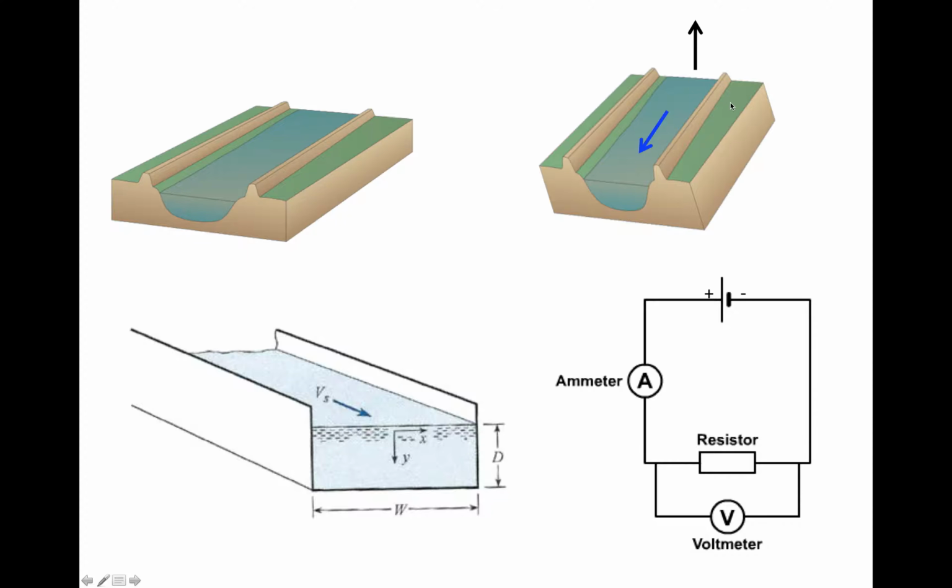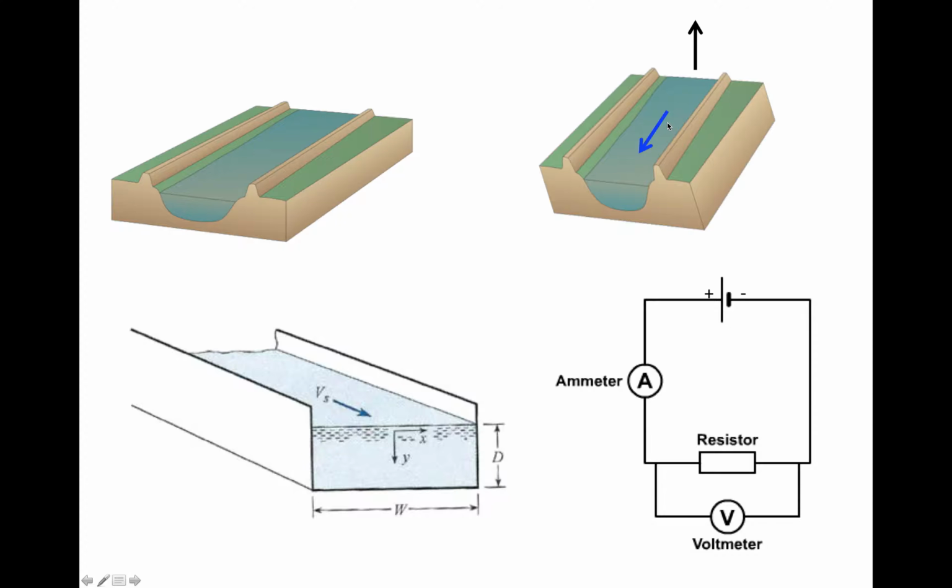Now suppose we raise up one end of the water channel so that the two ends are at different elevations. Then the water inside the channel will flow from higher elevation to lower elevation. And now we have a water current.